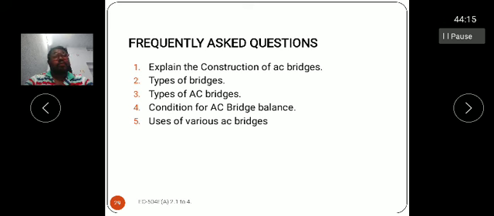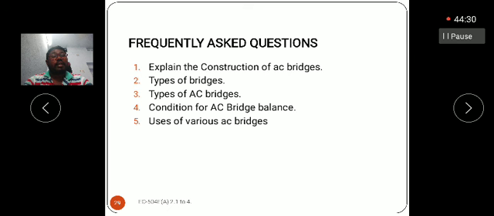Frequently they ask questions like what is the difference between a detector and a galvanometer, and what is the null detection method.